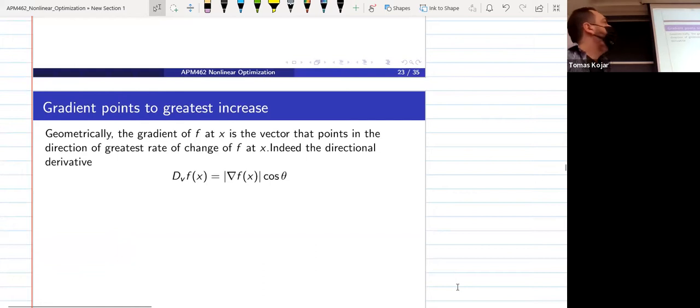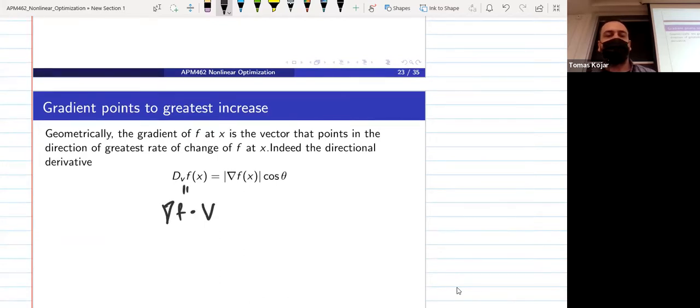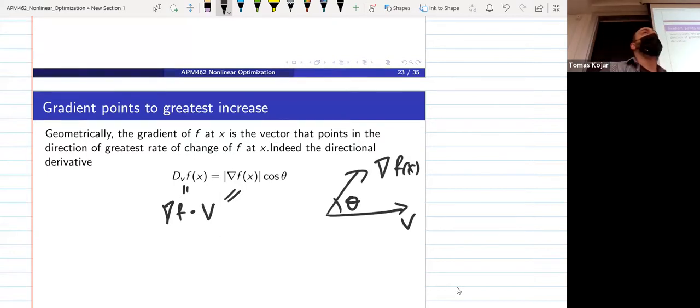So how does it follow? We just have the following formula: the directional derivative D_v f of x is equal to the gradient of f dotted with v, which is equal to the norm of the gradient of f times cosine of theta. And theta is the angle of the vector v. Okay. Can someone tell me for which theta cosine of theta is the biggest? Yeah.